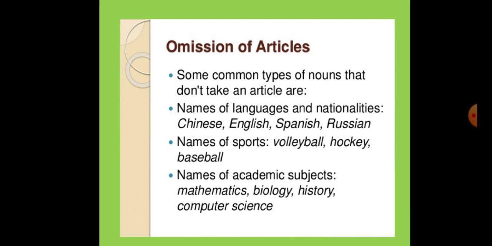We don't use an article before languages and nationalities like Chinese, English, Spanish, Russian. We don't use an article before the names of sports like volleyball, hockey, baseball. We don't use the article before the names of academic subjects like mathematics, biology, history, computer science.